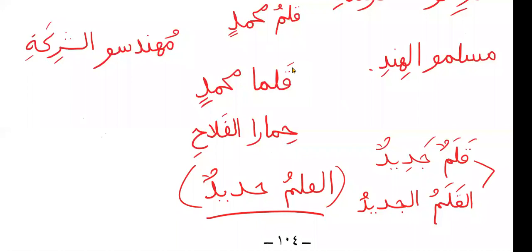These two examples are man'ut and na'at, because they look exactly the same. نعم القلم جديد. Okay, there's a question.